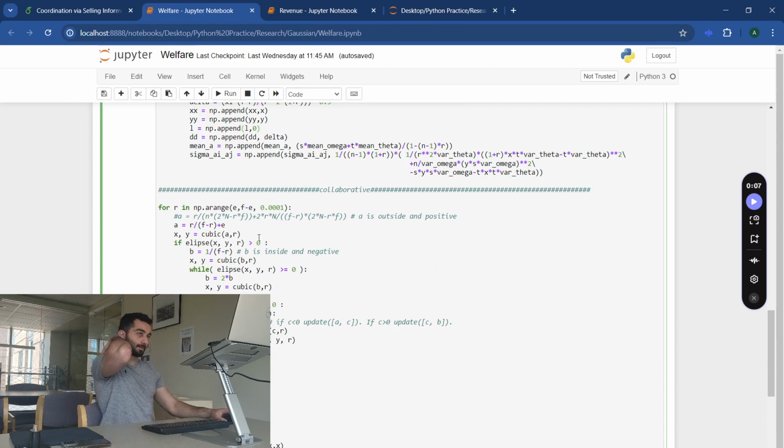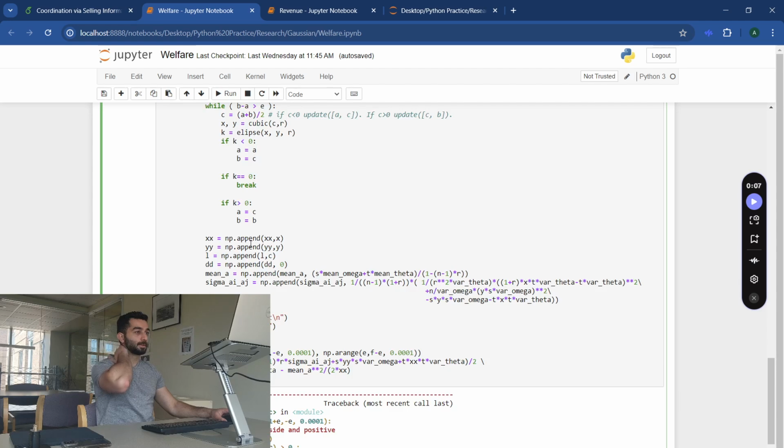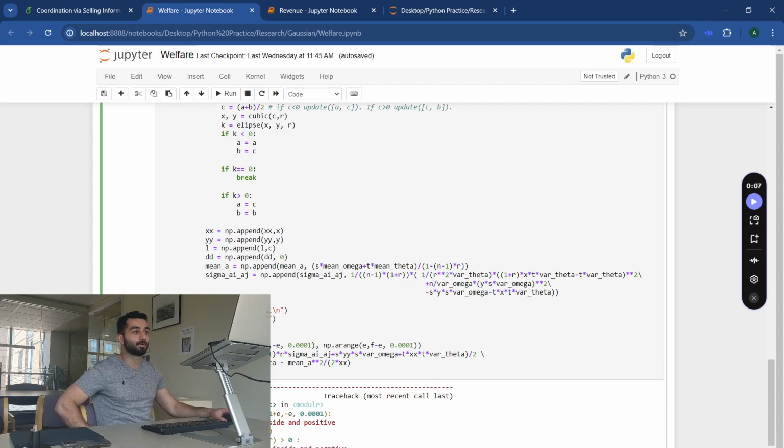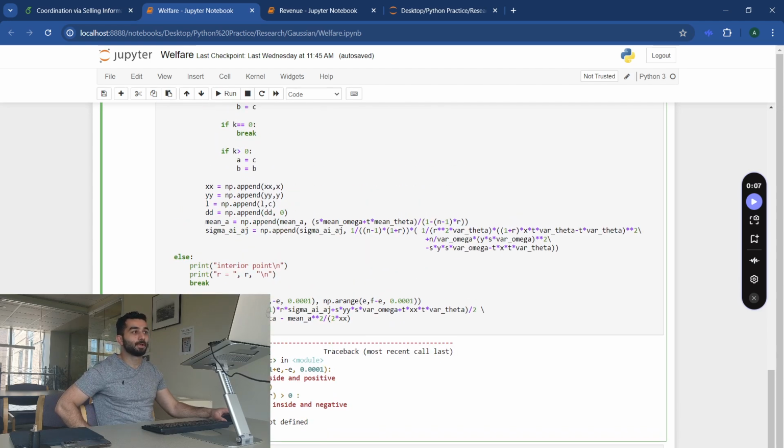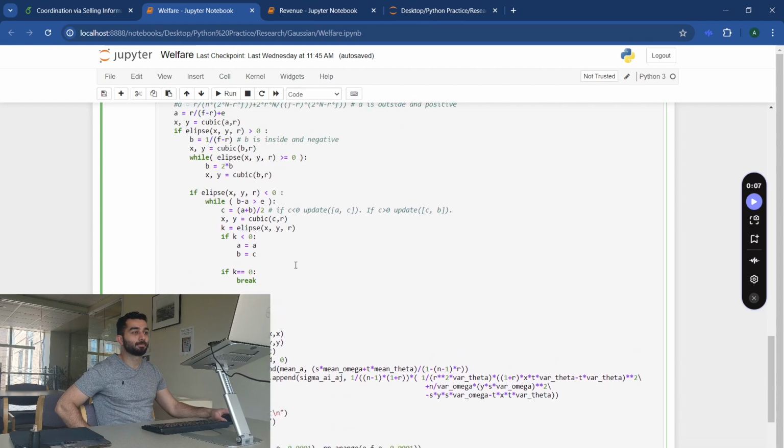Here we can see that A is already positive, so we don't need interior point. Exactly.